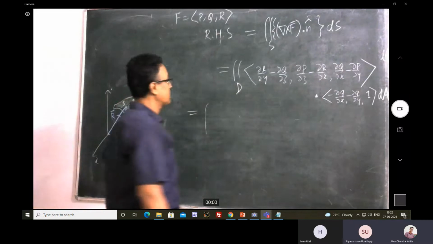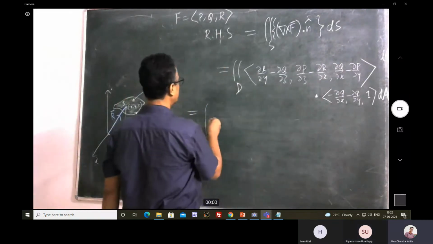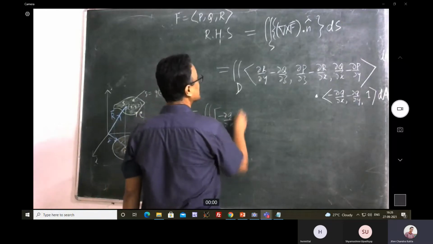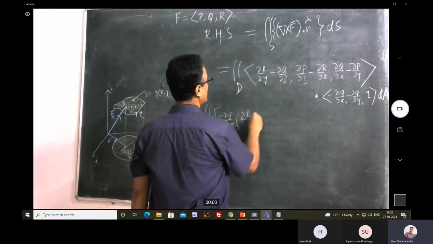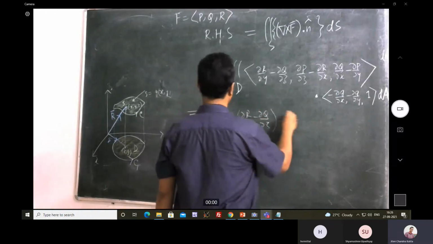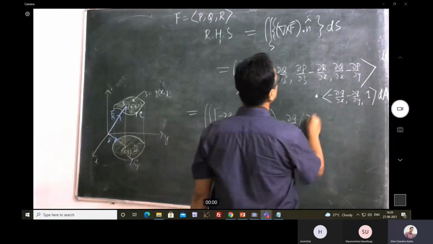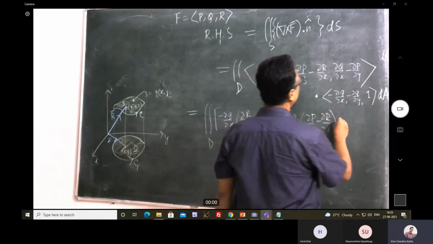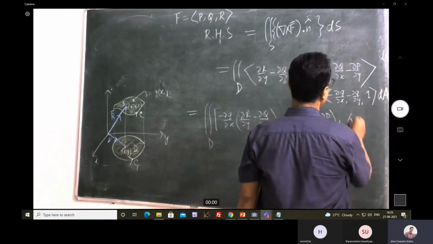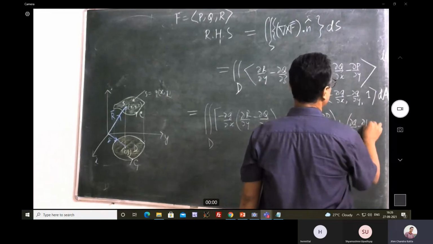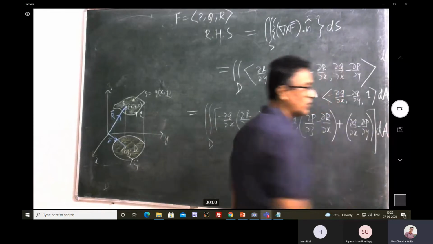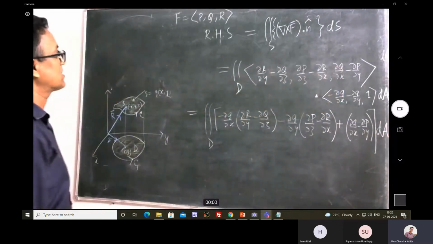This is going to be D. So this is eventually the double integral over D of minus del z del x times (del R del y minus del Q del z), minus del z del y times (del P del z minus del R del x), plus (del Q del x minus del P del y), then dA. That's it. So this is my right hand side.